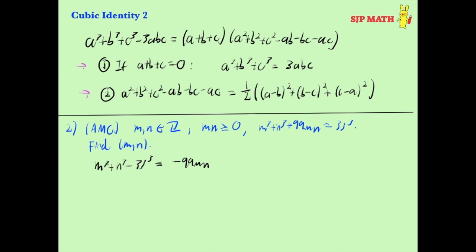Because if we say a is equal to m, b is equal to n, and c is equal to negative 33, then this is exactly a cubed plus b cubed plus c cubed minus 3abc. And the problem already gave us this identity here.